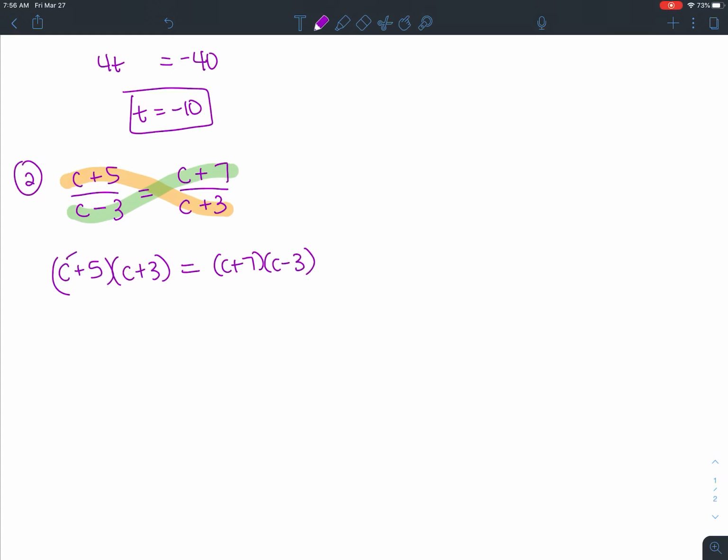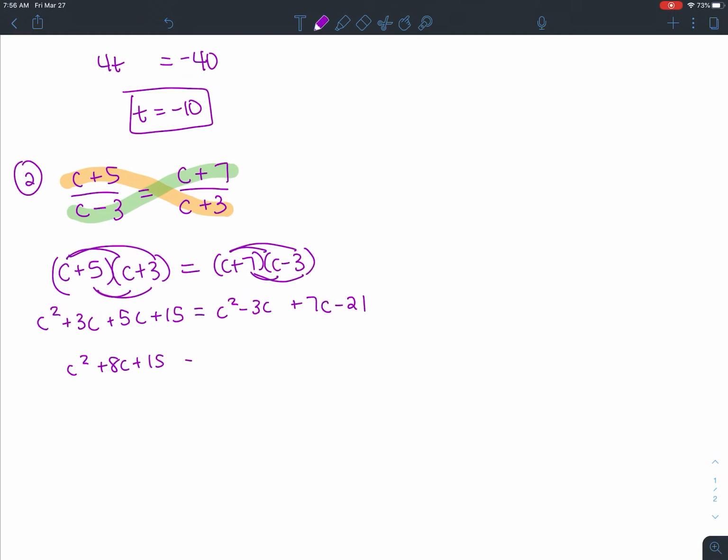Now, I have to do double distribution here, so I get c squared plus 3c plus 5c plus 15. That becomes c squared plus 8c plus 15, equal to c squared minus 3c plus 7c minus 21.